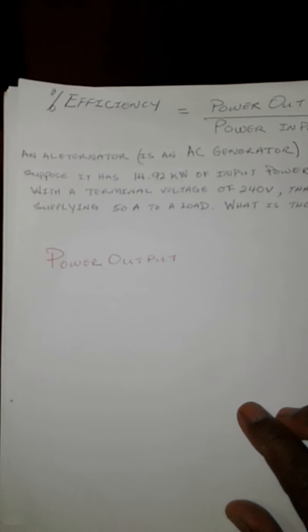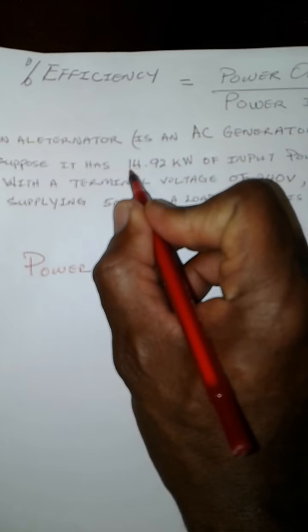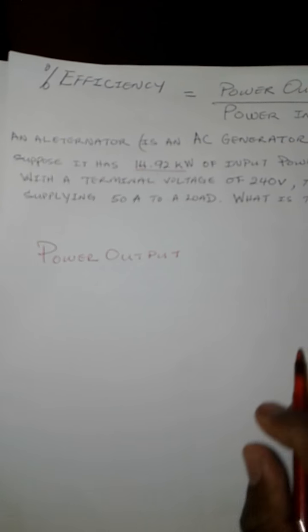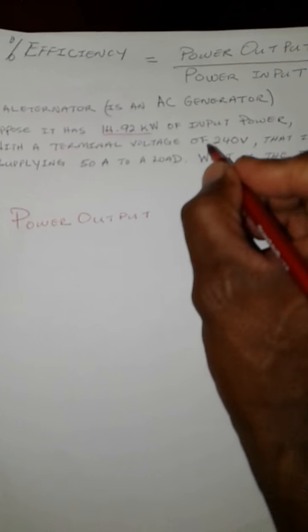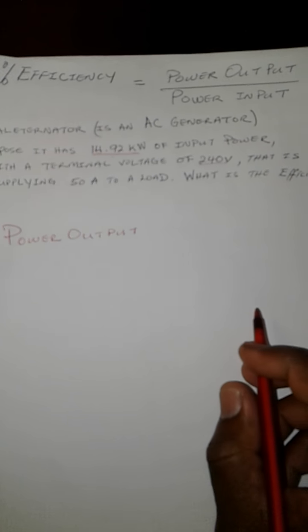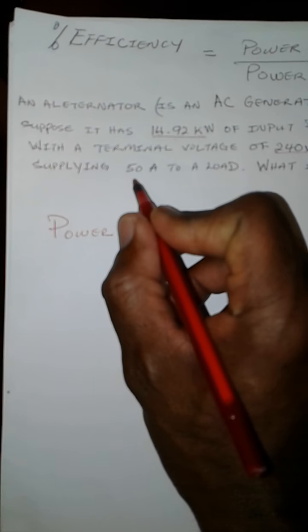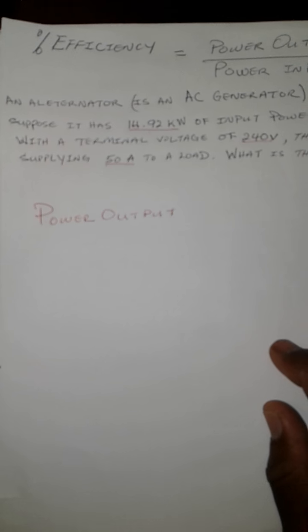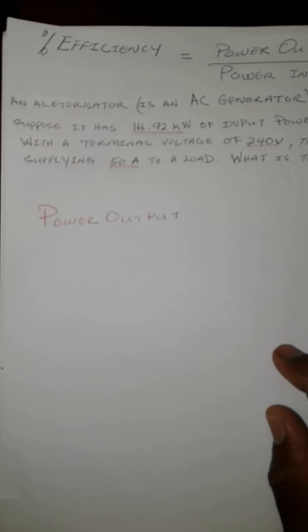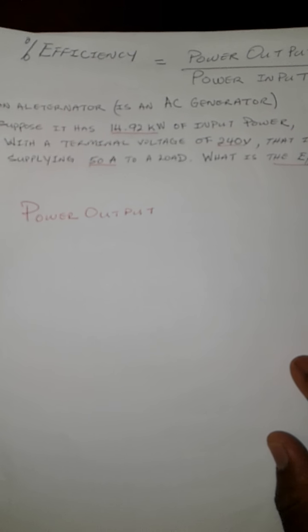Suppose this alternator has an input of 14.92 kilowatts of power. It has a terminal voltage of 240 volts. And this 240 volts is supplying a load which has 50 amps applied to it. What would be the efficiency of this alternator?